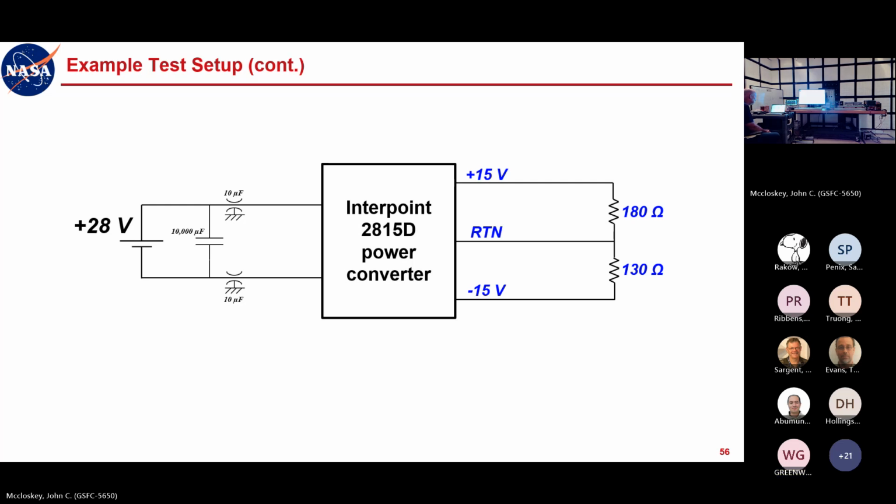But because you have an impedance on the plus 15 and minus 15, the common mode is seeing a different impedance going back on the return, which is about twice the impedance. So you have a mode conversion, and I think that's what's going on. The mode conversion from differential to common mode, or common mode to differential, I should say, because of the impedance.